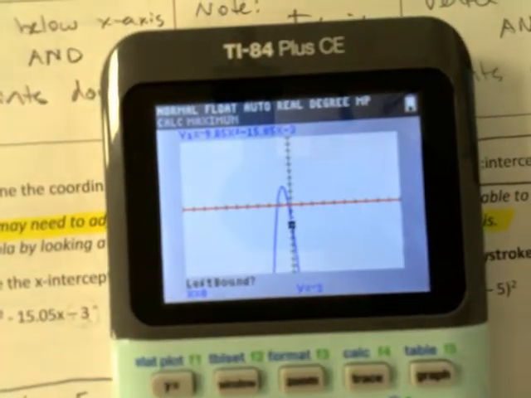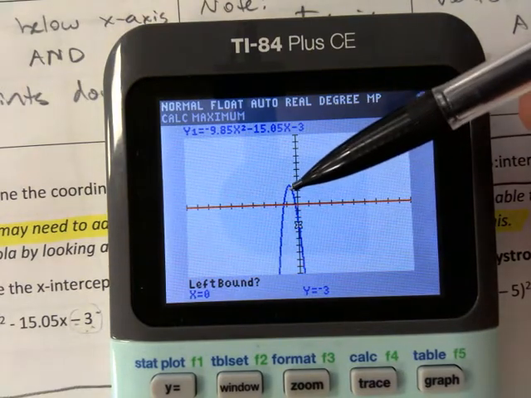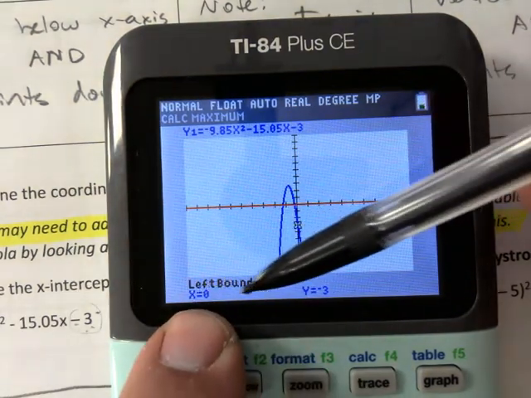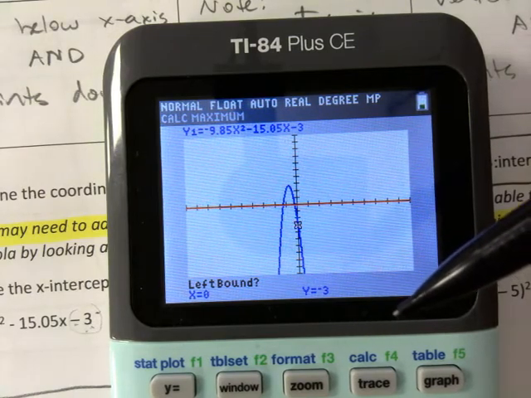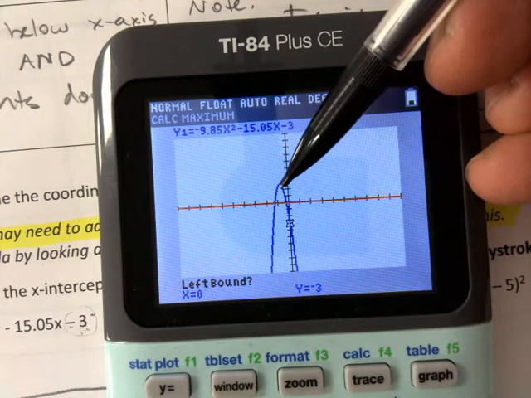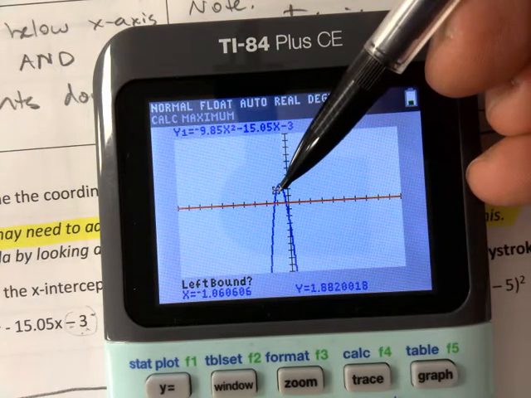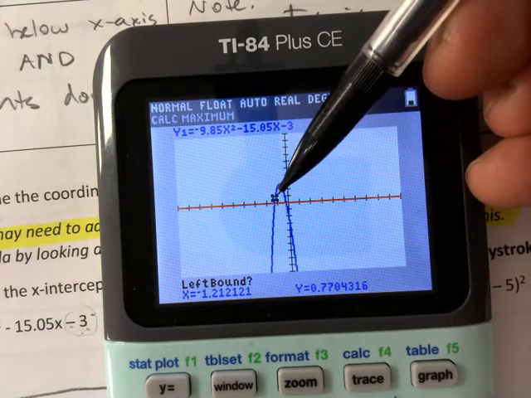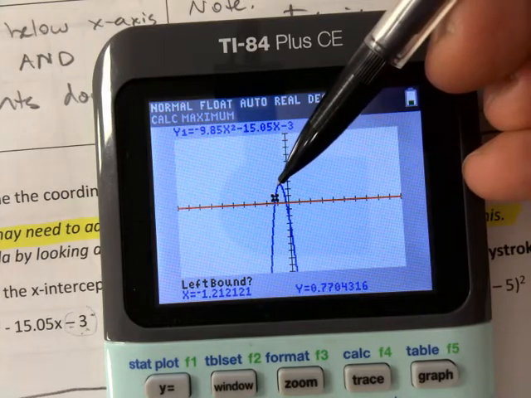So what you need to remember is it's saying, give me a left boundary. Give me a point to the left of this vertex. And you're like, well, I know the vertex is right about there. So you're going to go to the left of it. Go left arrow. As soon as you're over the hump and you're going down, that's good enough. This is the vertex and I am to the left of it.